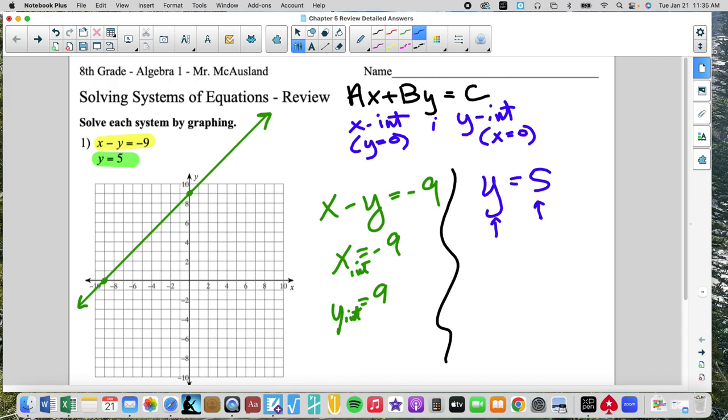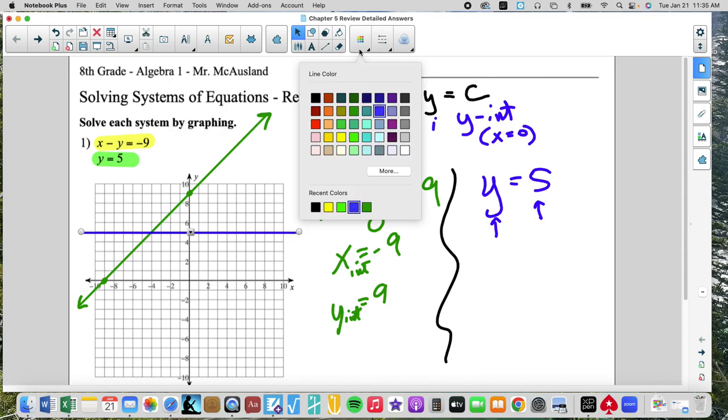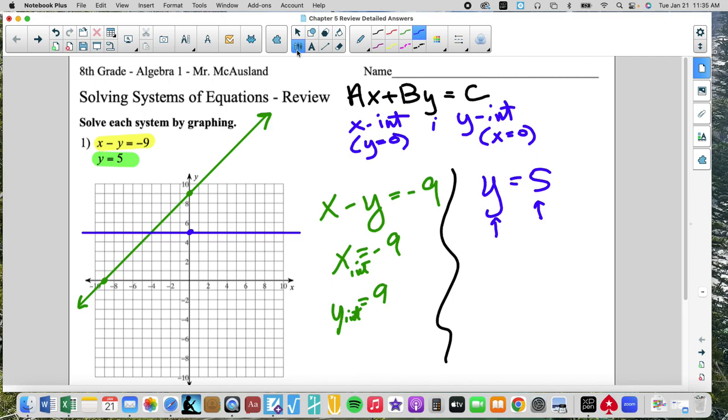So we go on the y-axis at 5, and it's going to be a horizontal line. All of the outputs need to be 5. Let's make that blue and add some arrows to it. These are all the solutions to y equals 5.